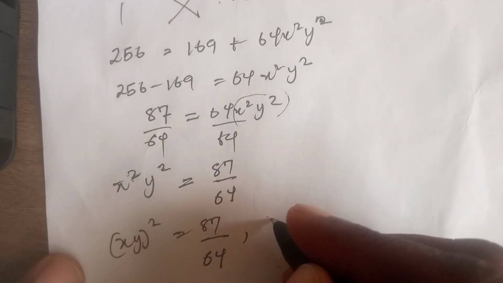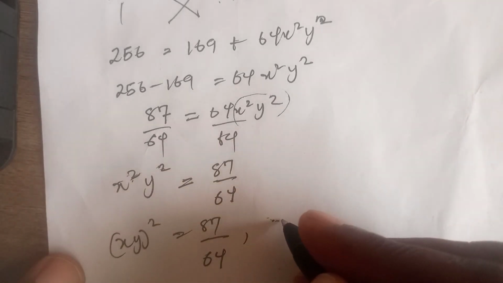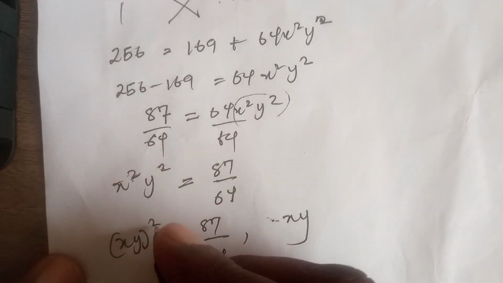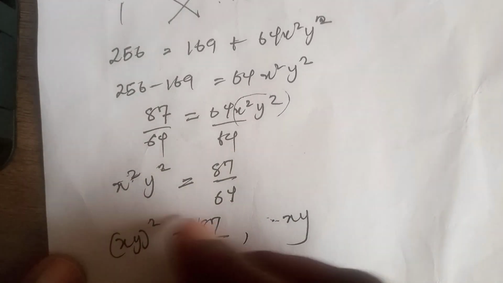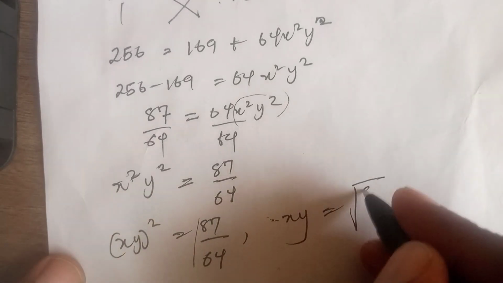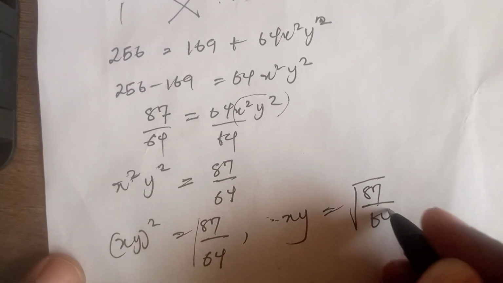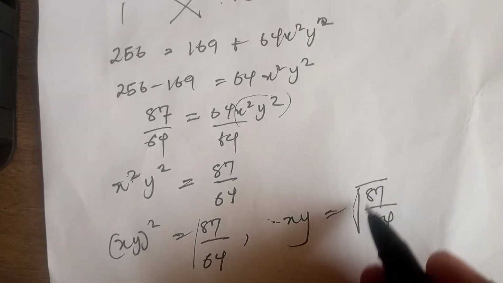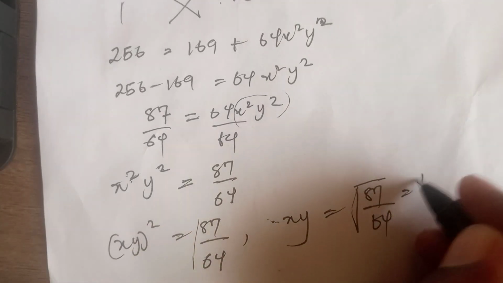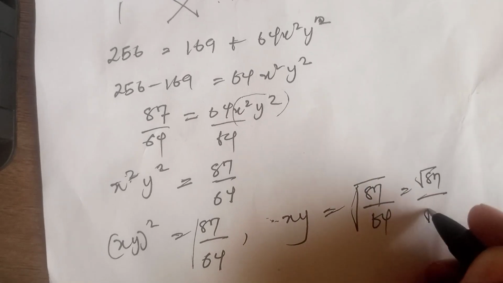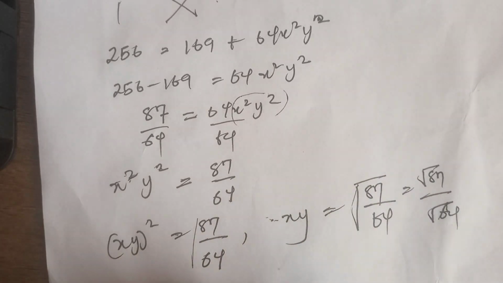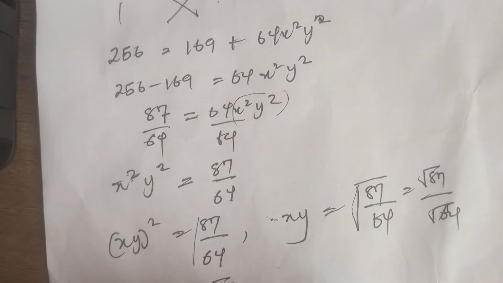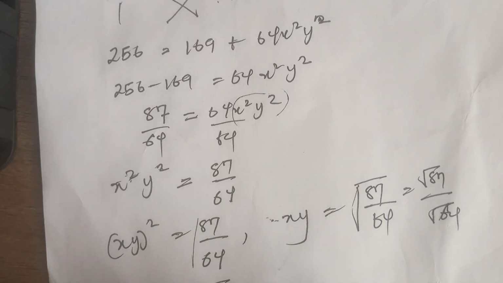So let's use this space. So we say xy, because of the square, when we take it to this side, it becomes square root, equals square root of 87 over 64. So xy equals, this also means square root of each of them. Let me write it here: 87, 64. All right, so square root of 87. So what's square root of 64? Square root of 64 is 8. Plus or minus, square root.